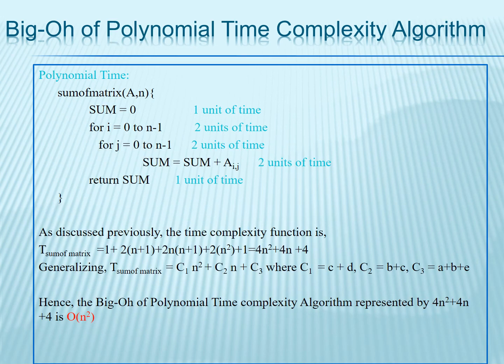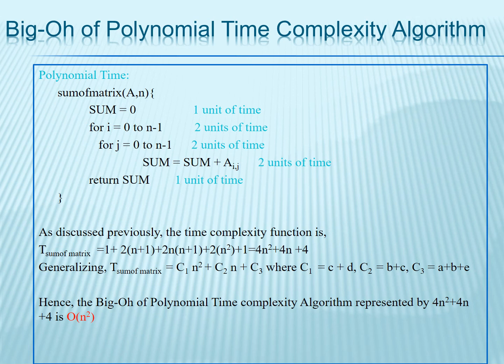Similarly, for polynomial time complexity algorithm, which is represented by the time complexity function T sum of matrix, 4n squared plus 4n plus 4, the maximum power of n is 2.